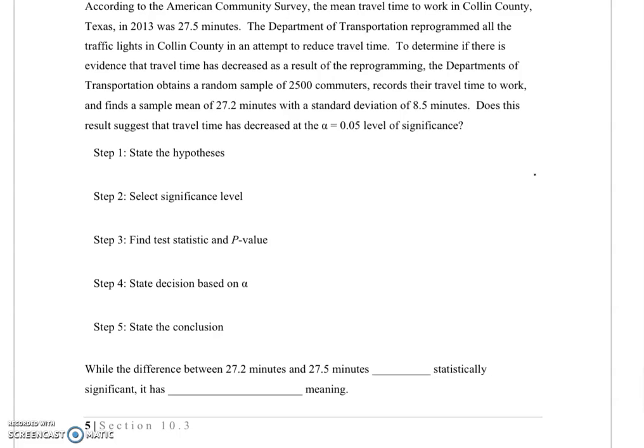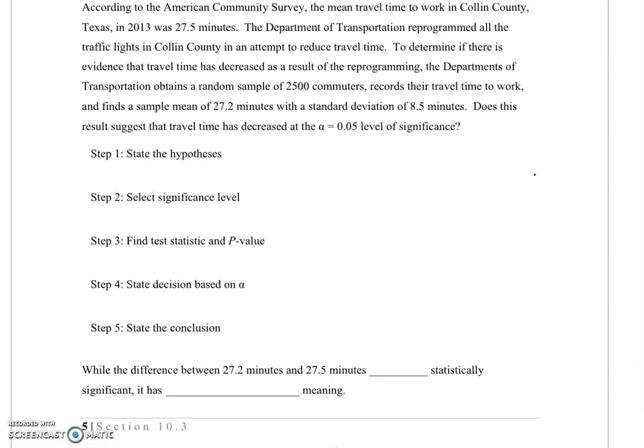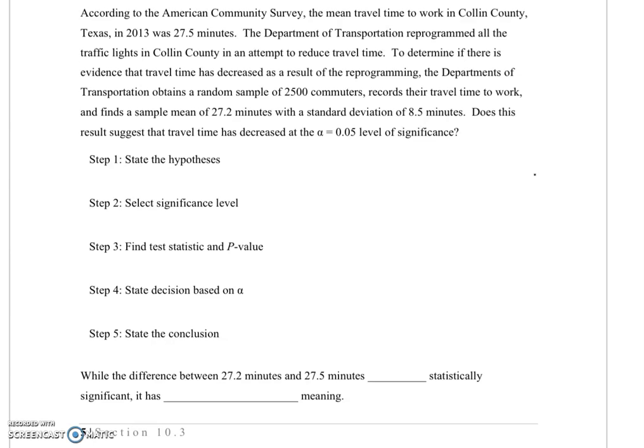According to the American Community Survey, the mean travel time to work in Collin County, Texas in 2013 was 27.5 minutes. The Department of Transportation reprogrammed all the traffic lights in the county in an attempt to reduce travel time.